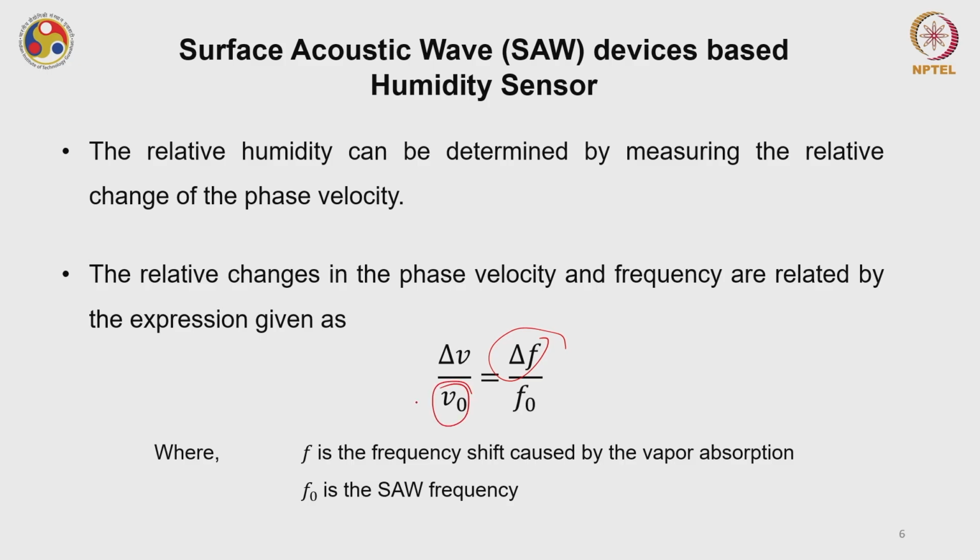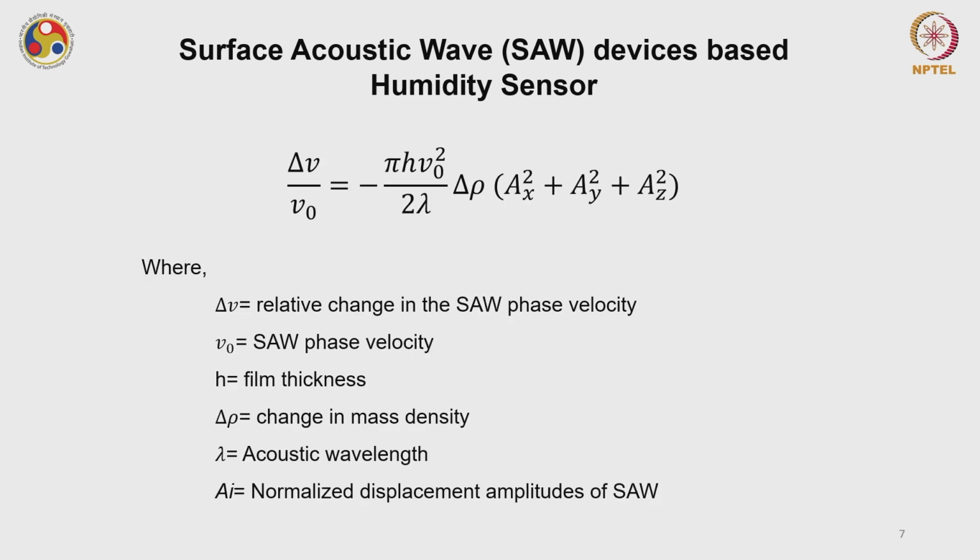Similarly, V naught is the phase velocity of the SAW wave, and delta V is the change in the phase velocity. This delta V by V naught can also be written as minus pi h V naught square by 2 lambda into delta rho into (ax square plus ay square plus az square), where ax, ay and az are the normalized displacement amplitudes of the SAW wave, and lambda is the acoustic wavelength.